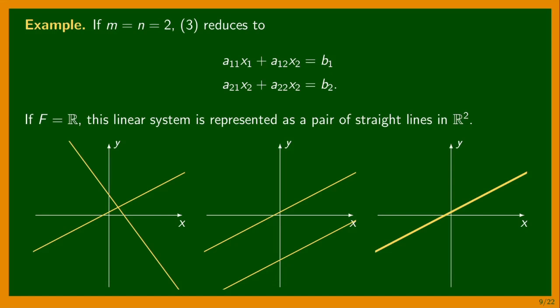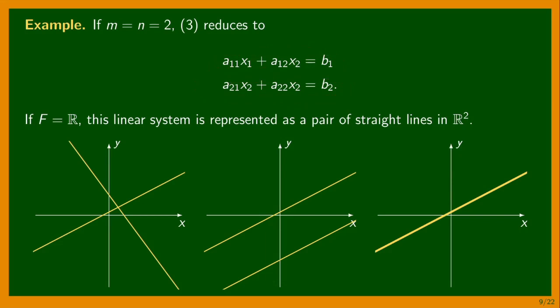In the case where m and n equal 2, there is a geometric interpretation of a 2 by 2 linear system as follows. Of course, F here has to be R to be represented this way. Take note that in elementary algebra, an equation of this form may be represented geometrically by a straight line. So this is a pair of straight lines. For this to be satisfied, we need to find a point that satisfies both equations at the same time.